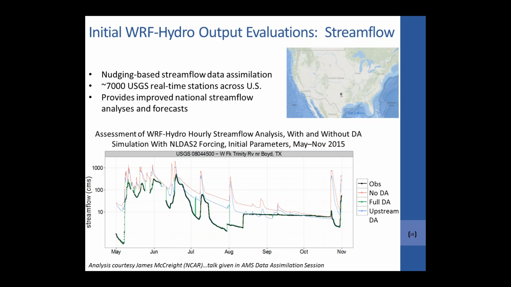The complicating factor to note in this plot is that it's a real-world example where there's a reservoir just upstream from this validation point. And in fact, the point where we're assimilating is above the reservoir. So basically you have the data assimilation point, then the reservoir, and then the validation point. So it's a very challenging setup.